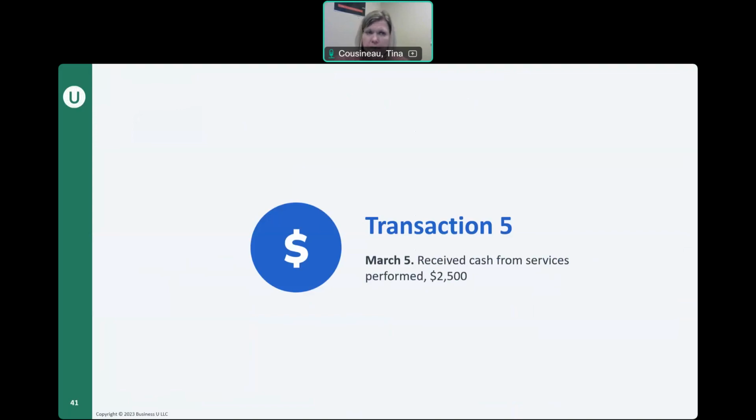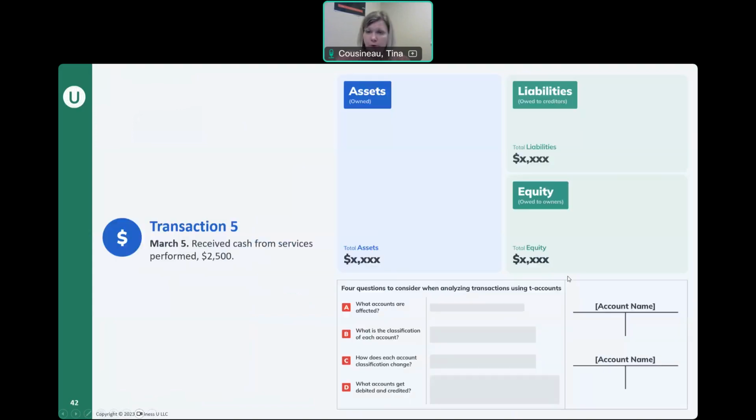That could be selling haircutting services, any type of service, a dog grooming place, any place that's a service. An accounting business is a service business. So I'm performing some type of service that benefits my customer. So we received cash from one of our customers for services we performed.